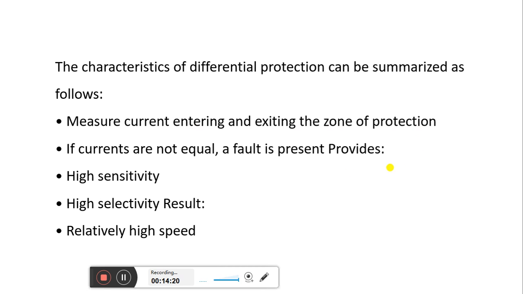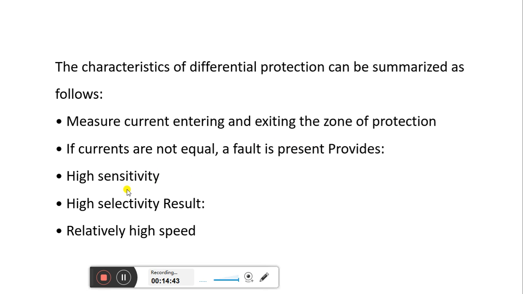Second, if the currents are not equal, it means a fault is present. It means if the currents entering and leaving are not equal, then the relay senses that some fault exists in the system and the relay will provide a trip.